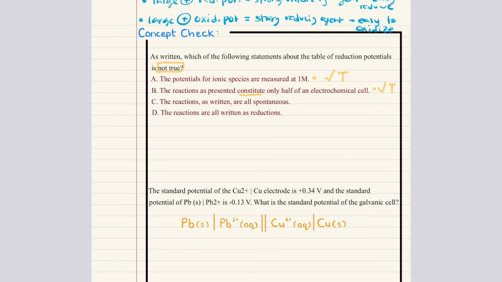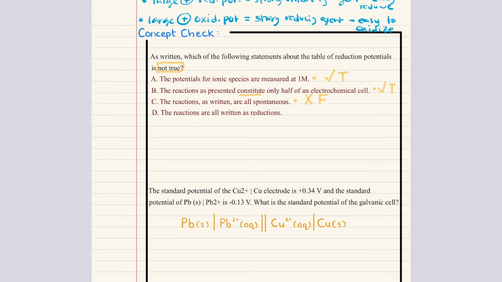C states that the reactions as written are all spontaneous. This is not true. Some reduction potentials are positive, but many are negative, and a negative value means the species does not want to be reduced under standard conditions, so the reduction would be non-spontaneous.